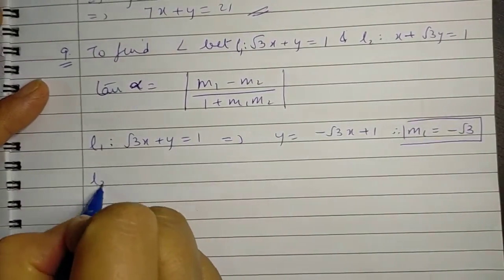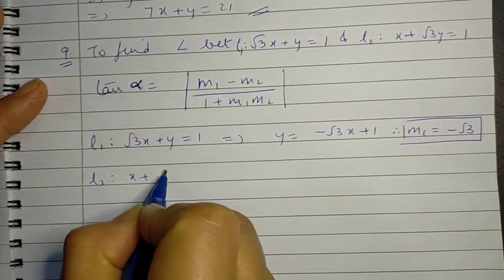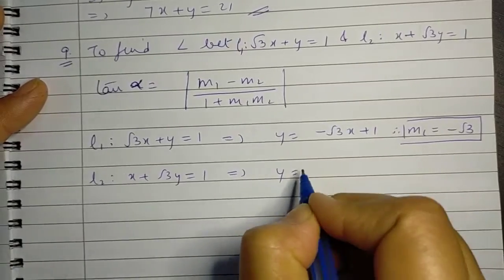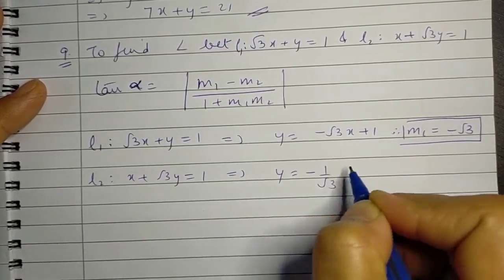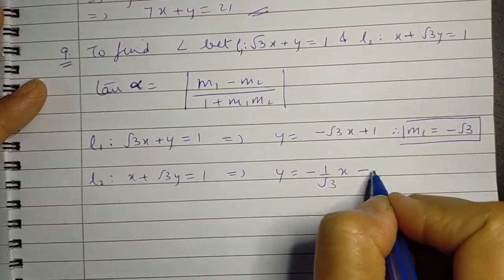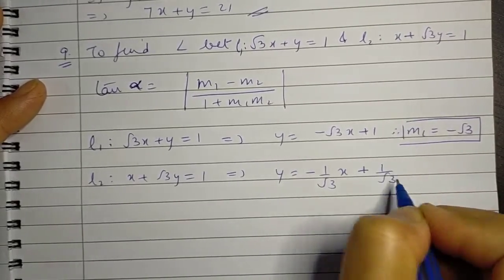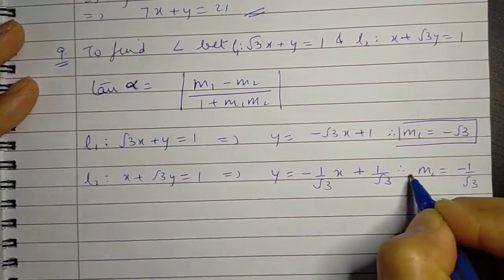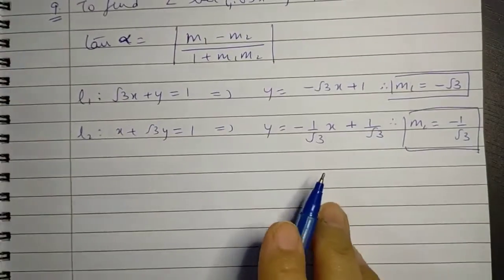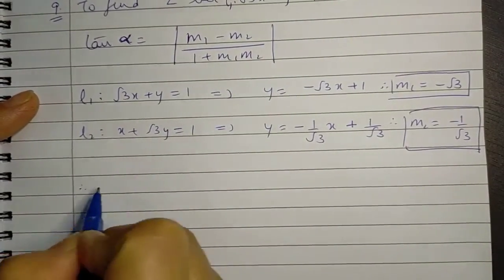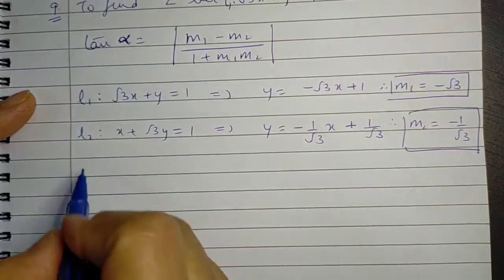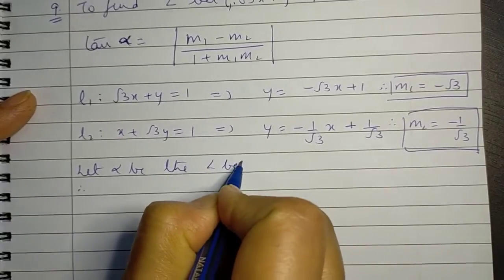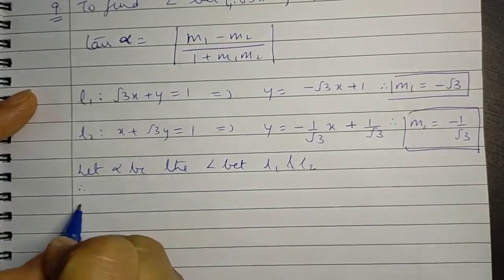Now the next one is given to be x plus root 3y equal to 1, which gives us y is equal to minus 1 upon root 3 x plus 1 upon root 3, and therefore m2 equal to minus 1 upon root 3. Now we have the slopes of both the lines, so let alpha be the angle between L1 and L2.